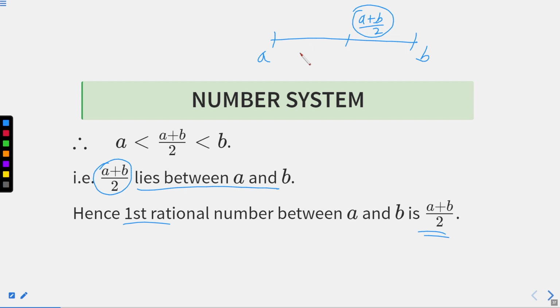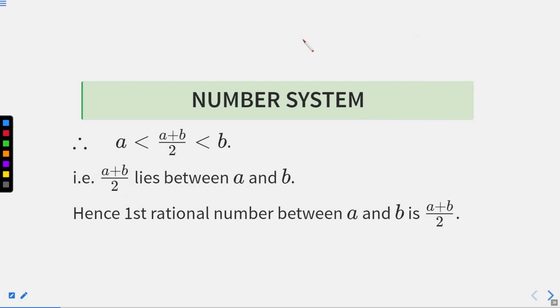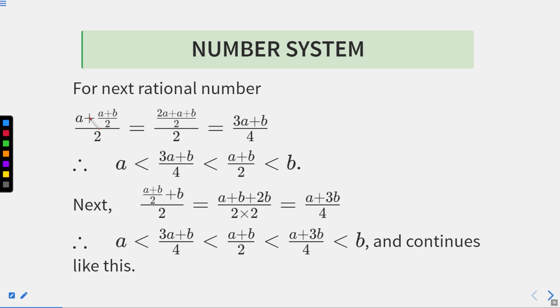Now for finding the next rational number, take a this and b this. Now a is a, b is (a+b)/2, and we know (a+b)/2 is less than b and greater than a. So doing this, we get some number here. So this is our process.